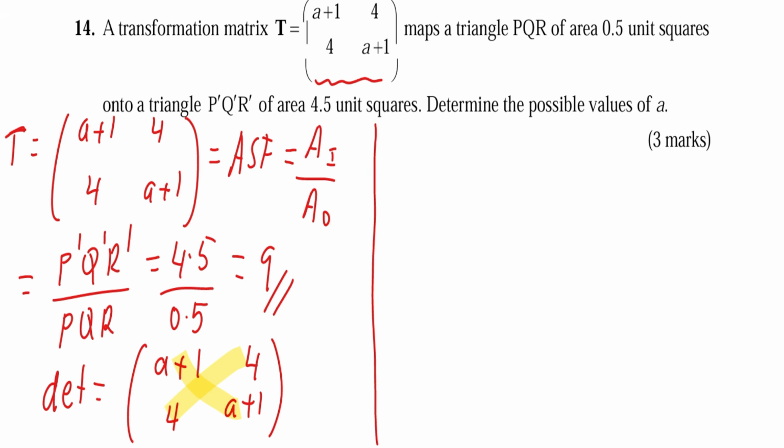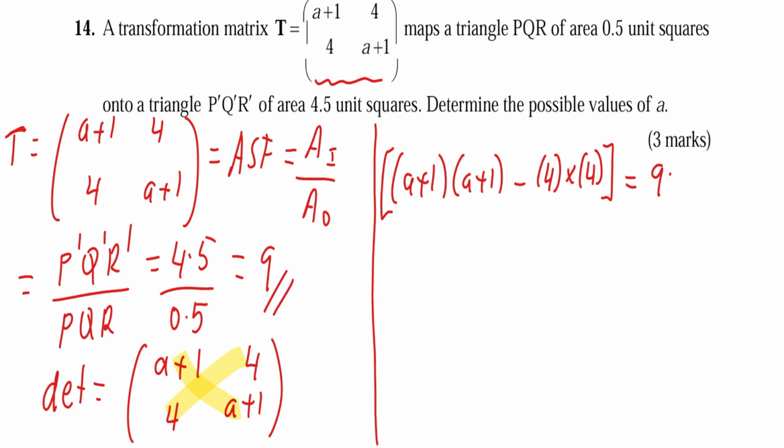So the main diagonal being A plus 1 times A plus 1, minus the other diagonal, which is 4 times 4. The determinant itself gives you the area scale factor, and you know the area scale factor is 9.